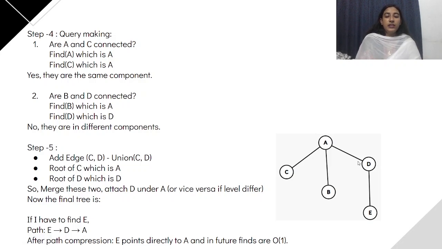Now the final tree is this: A, B, C, D, E. If we have to find E, then we can find E, D, A, or A, D, E. After the path compression, E points directly to A. In future, we can find it in order of 1.